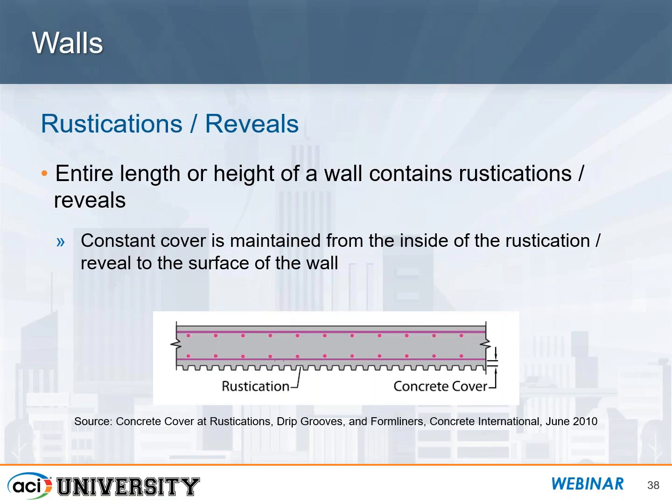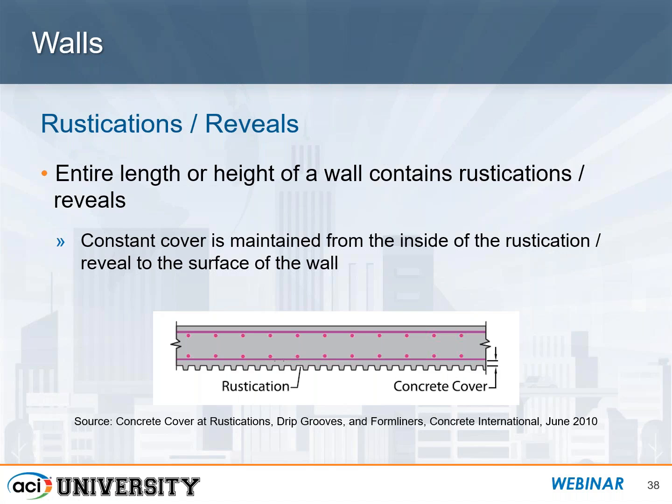So what if the architect decides to put rustications or reveals into a wall or over a segment of the wall? If that rustication occurs over the entire width or at least a large width of the wall, it's fairly simple to handle. You know, we want to provide minimum cover between the inset to our layer of transverse reinforcement.